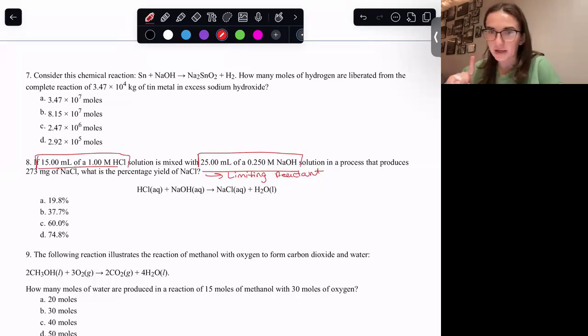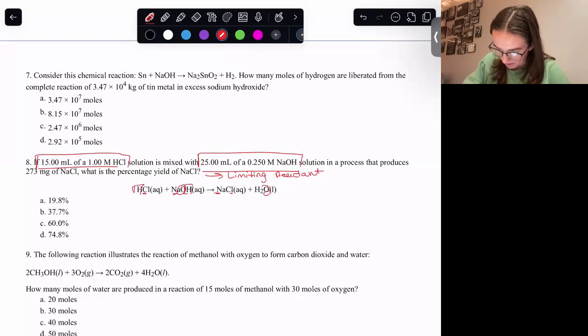So it's actually only 1 to 1. If we were to balance this equation, we're looking at Cl and Cl is the same. Sodium and sodium is good. We have 1 oxygen, and then we have 2 hydrogens. So this is actually balanced. So this is just a 1 to 1 ratio.